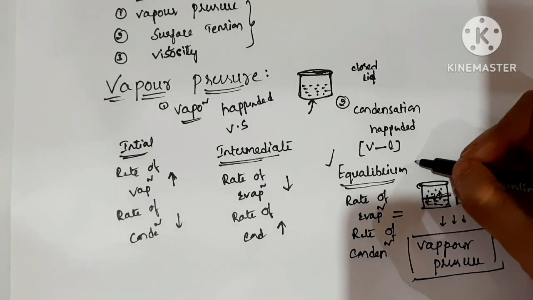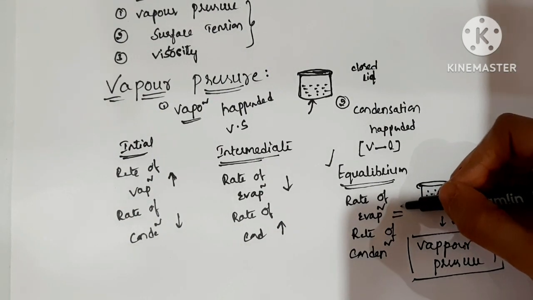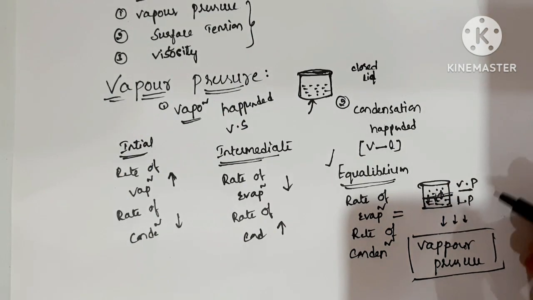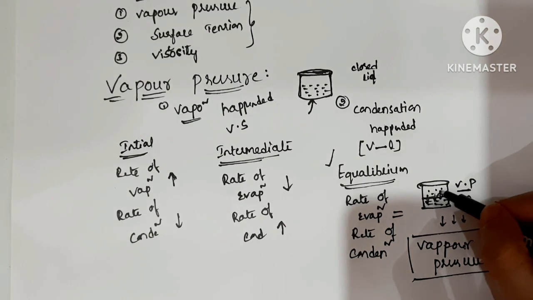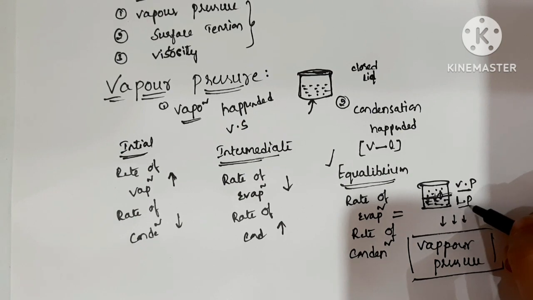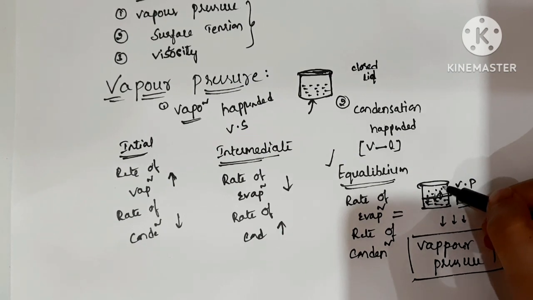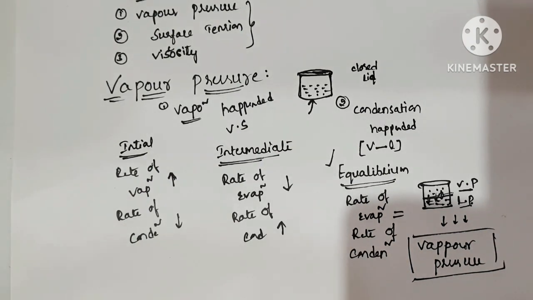So at equilibrium state, the rate of evaporation is equal to the rate of condensation. In this state, the molecules present in the vapor phase exert some pressure on the molecules present in the liquid phase, right?